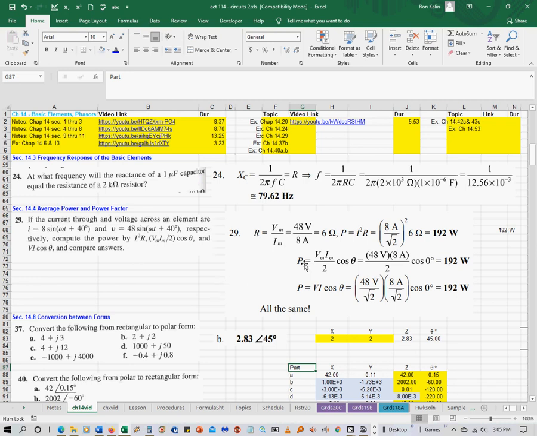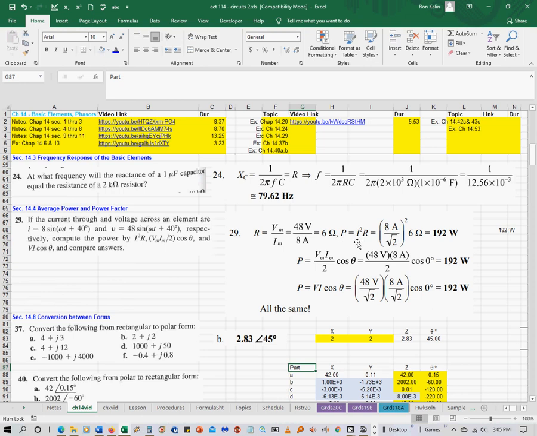R in a purely resistive circuit, which you can see it is, because the plus 40 for theta I and the plus 40 degrees for theta V are the same. So R equals Vm divided by Im, the maximum values, that's 48 divided by 8 equals 6 ohms.